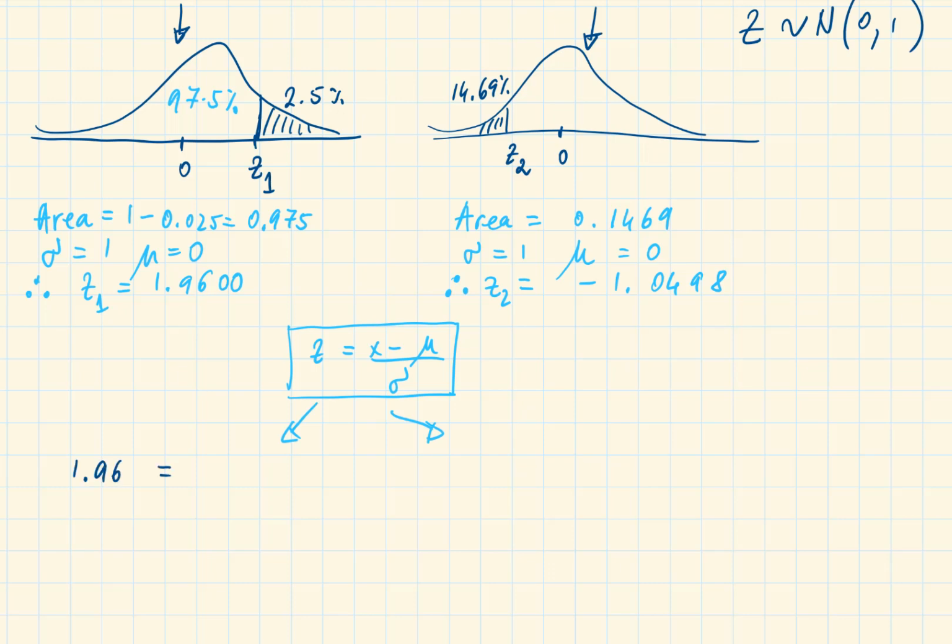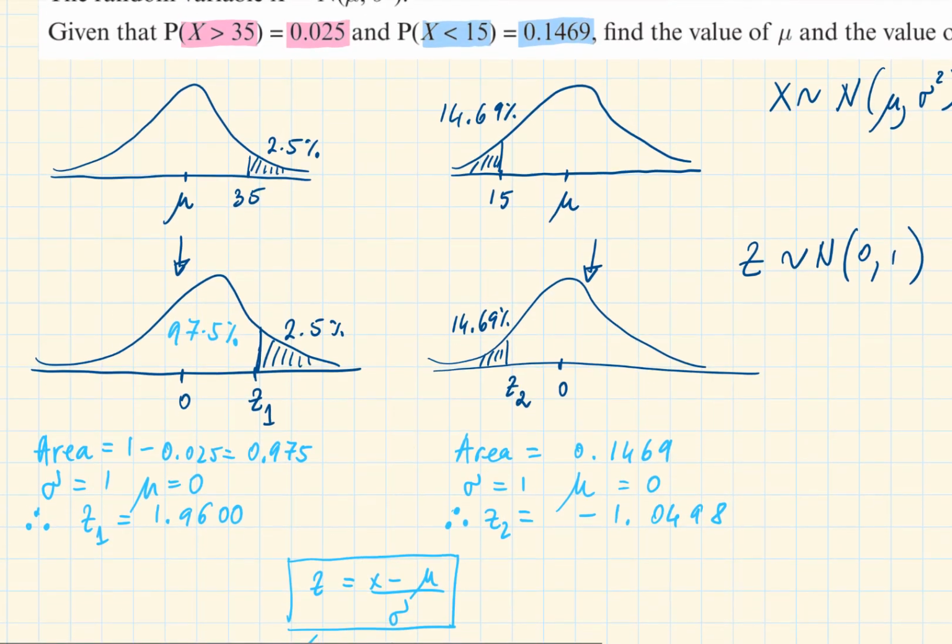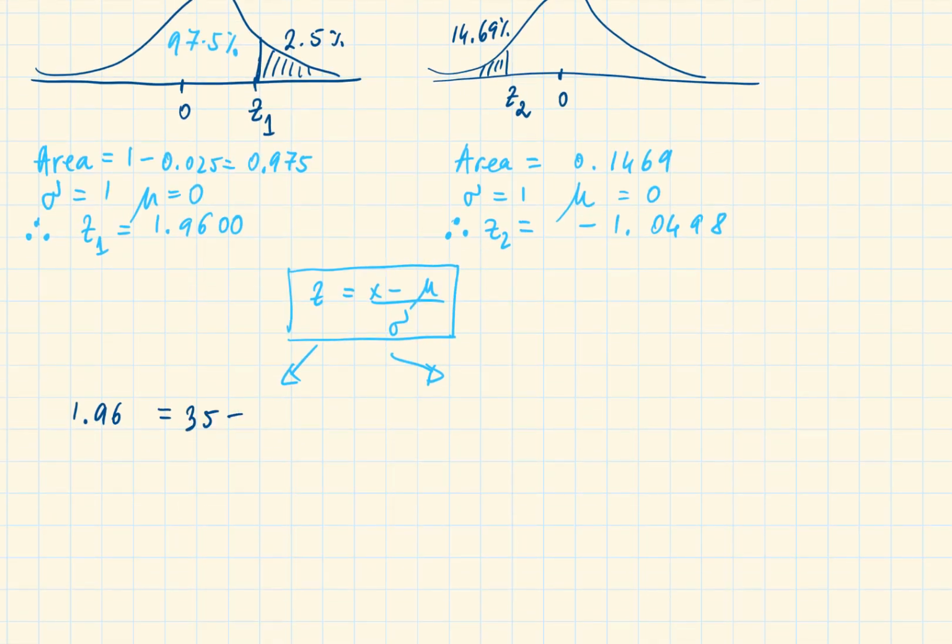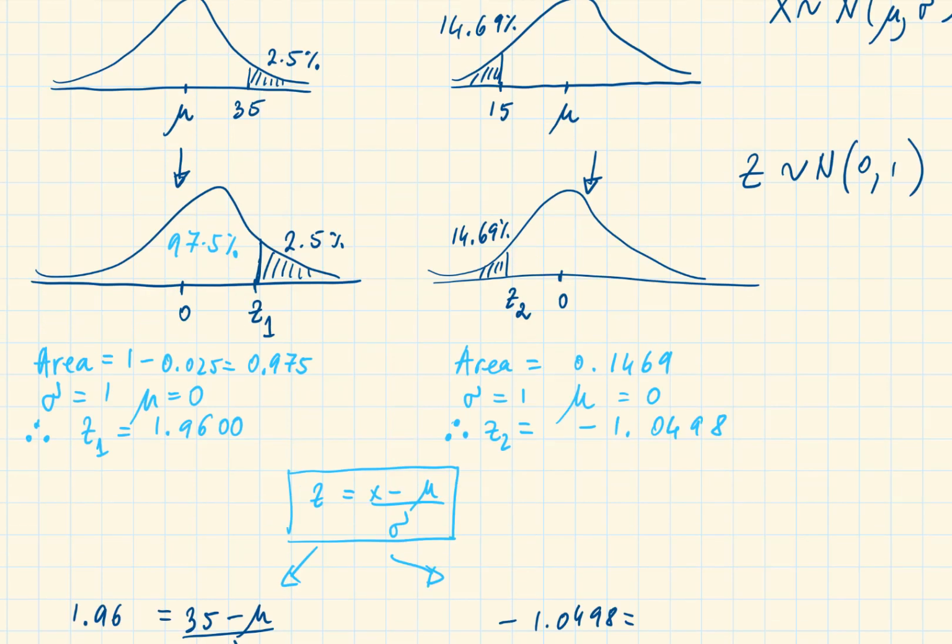Now we're going to use the formula z equals x minus the mean over the standard deviation. 1.96 equals, the equivalent of z1 is 35. We don't know the mean and we don't know the standard deviation. For the second situation, we have minus 1.0498 equals, and the equivalent of z2 is 15.